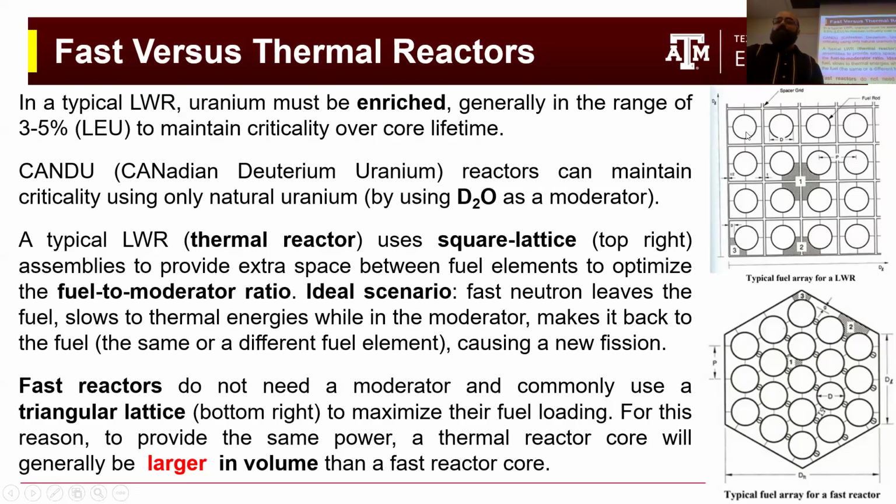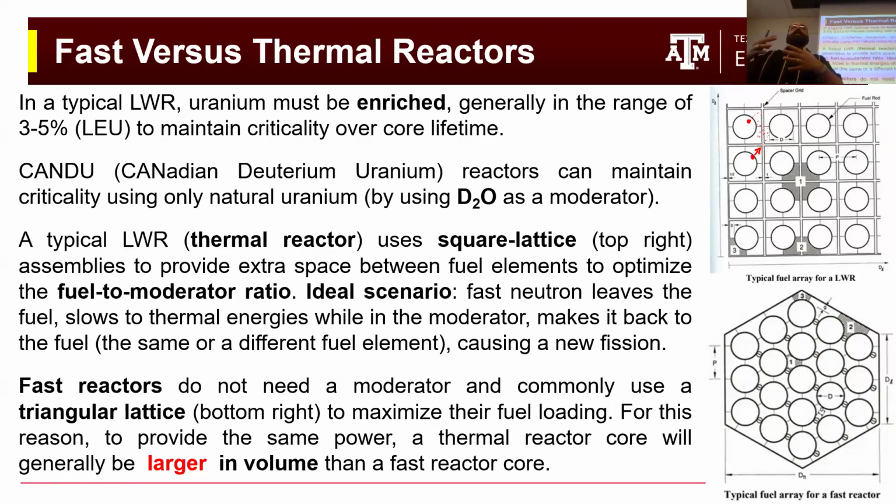So we have to keep our fuel rods more spaced out, and we have to allow extra space for coolant or moderator so that our neutrons can get to thermal energies. Ideally, a neutron is born fast in the fuel, it goes into the moderator, it slows down through all these scattering collisions, and then eventually that thermal neutron goes back into the fuel and causes a new fission.